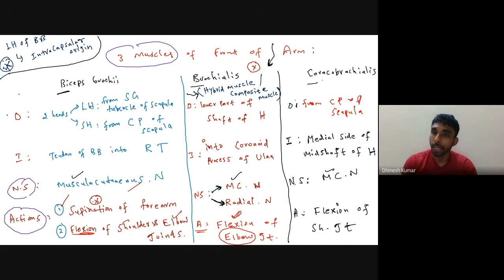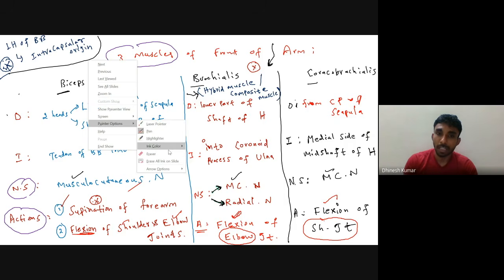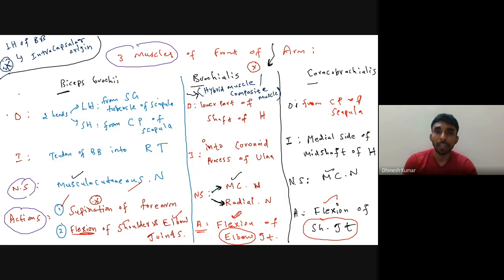What about the coracobrachialis? Coracobrachialis crosses only the shoulder joint. It is not crossing the elbow joint, right? So it causes flexion of the shoulder joint only. Try to understand: if you know the origin and insertion, and which joints are crossed by the particular muscle, you can easily say on which joint that muscle can act.